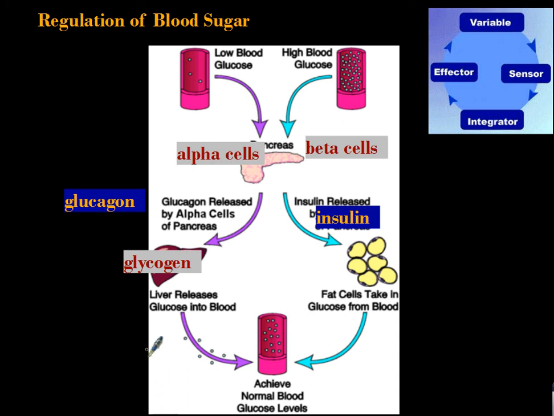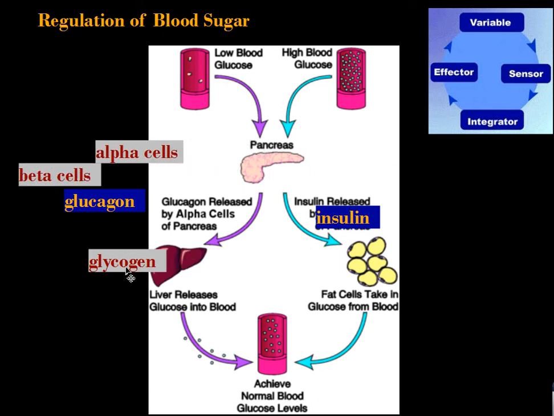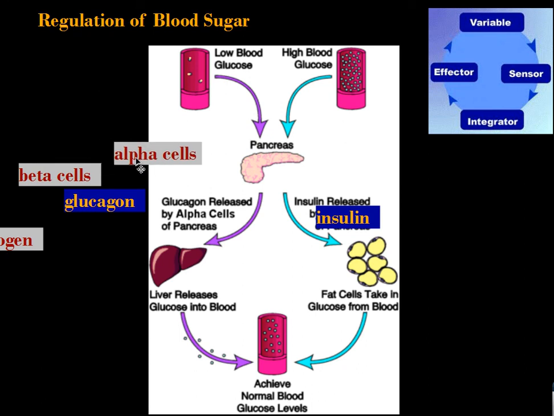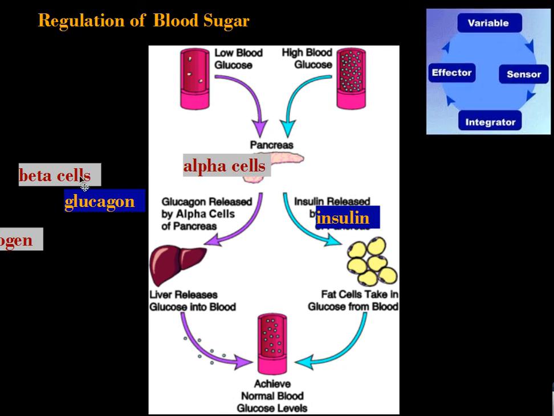So if the sugar in our blood becomes low, as you can see here, our body has cells all over it that will sense it, and those cells will send a signal to the pancreas. So in this case, the pancreas is going to be the integrator. The pancreas alpha cells will release a hormone, and the hormone is called glucagon.